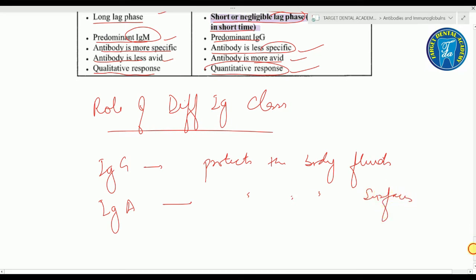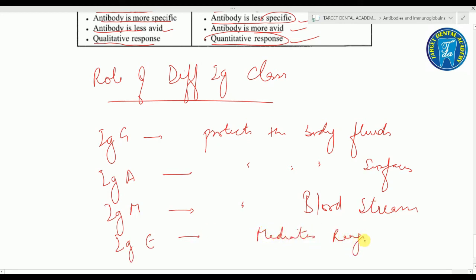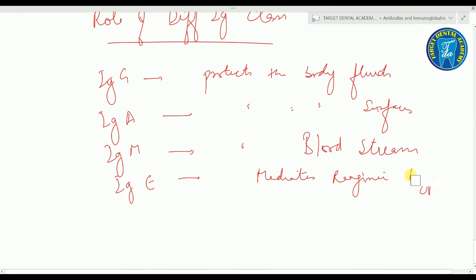IgM protects the blood stream. And IgE mediates reaginic hypersensitivity.